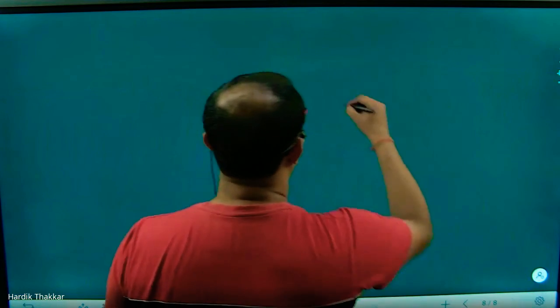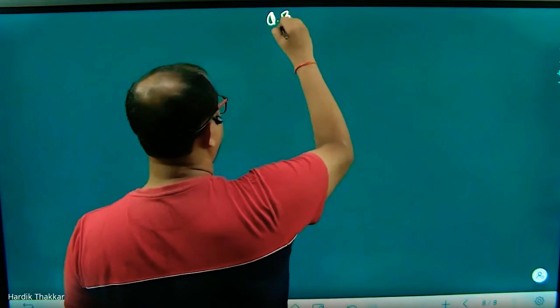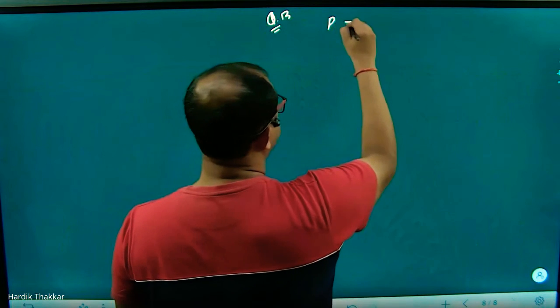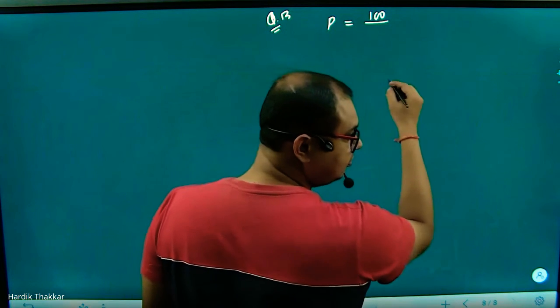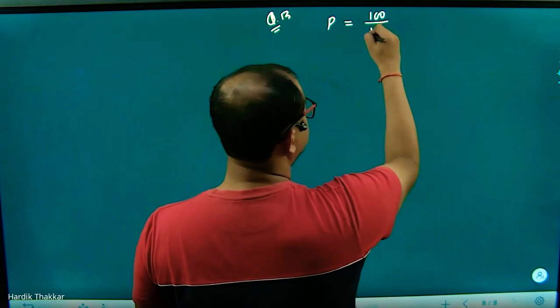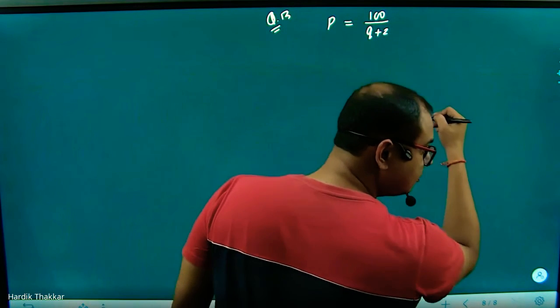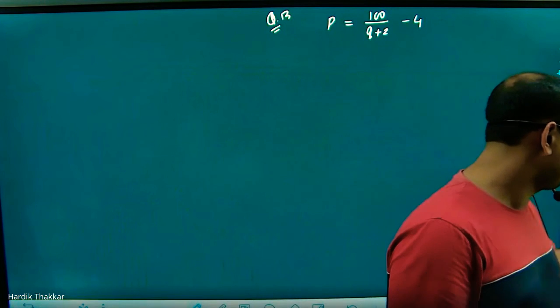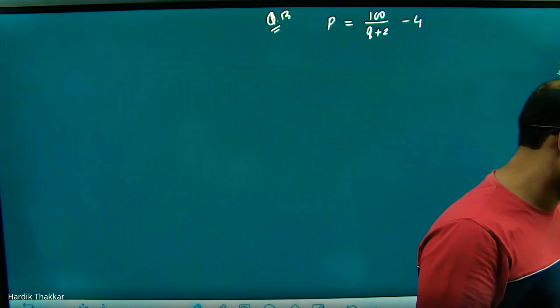Okay, question number 13. Check what is given. If P is equal to 100 upon Q plus 2 minus 4 represents the demand function for products. Usually we had X products, sorry, Q products; here it is Q products.